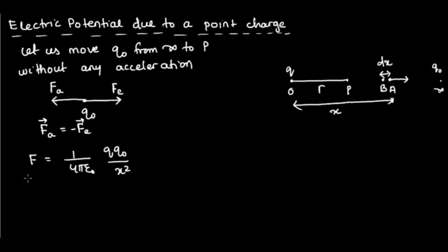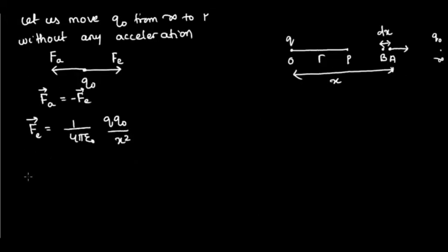So, the electrostatic force Fe is given by 1 by 4 pi epsilon naught Q Q naught by x square, and this is towards right, and we are displacing the charge towards left, meaning against the electrostatic force. The displacement dx is opposite to the electrostatic force. Now tell me, what will be the small amount of work done?